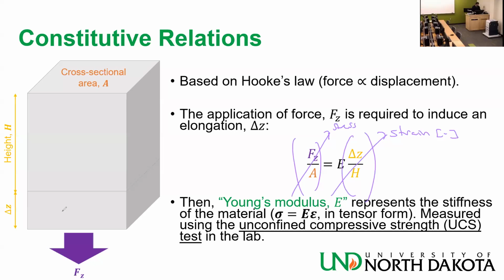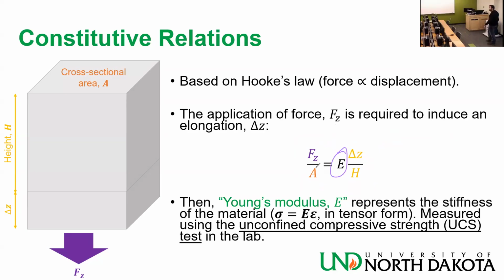The constant of proportionality will be what we call E. And E is the Young's modulus. E is a measure of the stiffness of the material. Now, if I ask you what are the units of stress, you're going to say something like PSI, Pascal, whatever. So pressure dimensions. And then what are the units of strain?